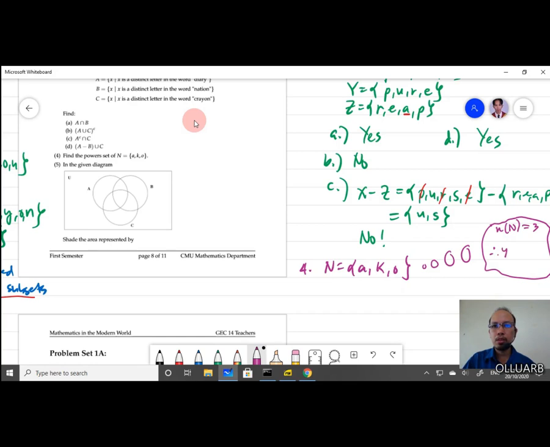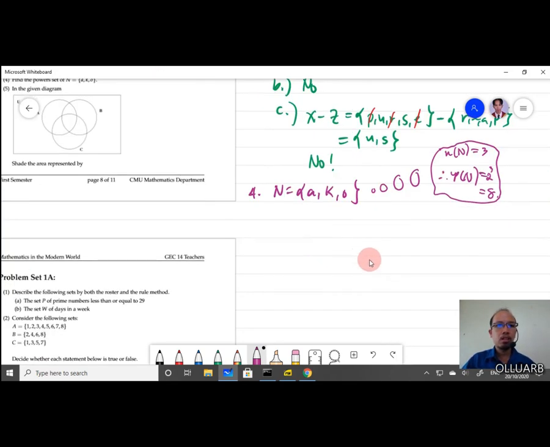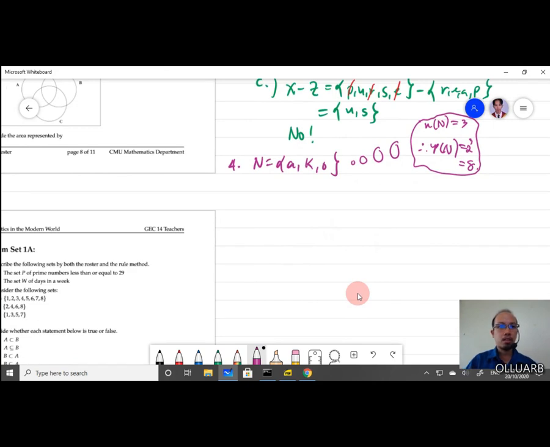So therefore the power set of N is 2 to the 3, which is 8. So meaning to say, you have to get the subsets of N. These are the subsets of the set N.